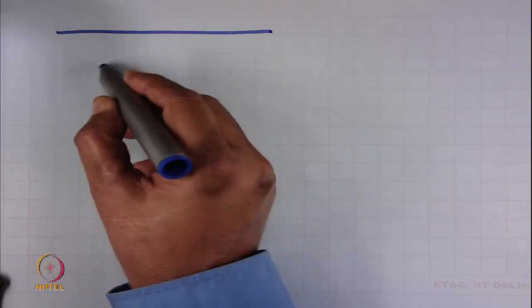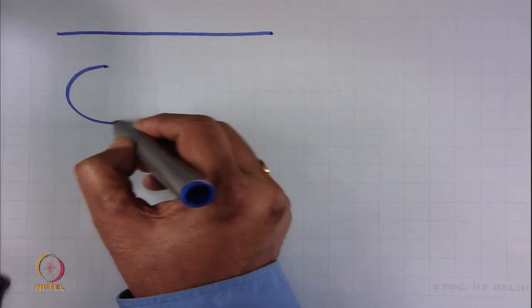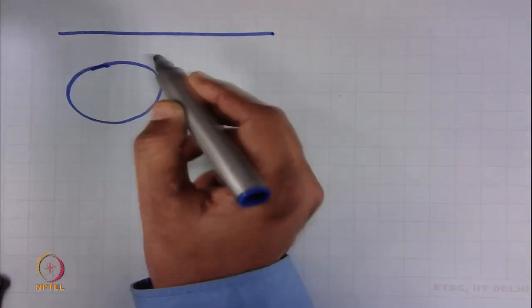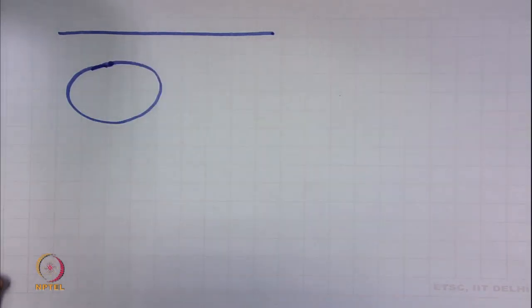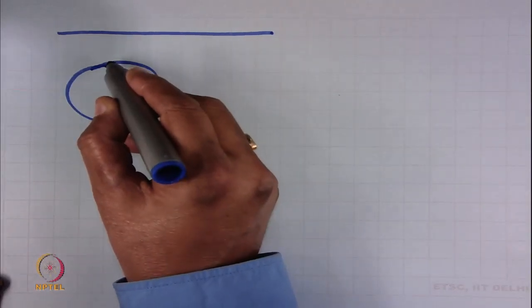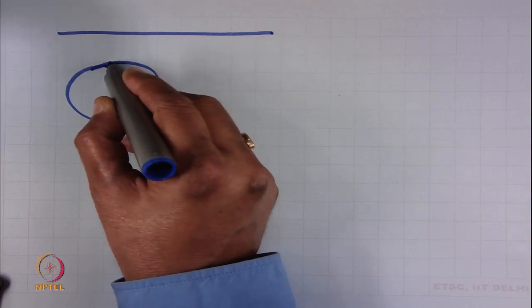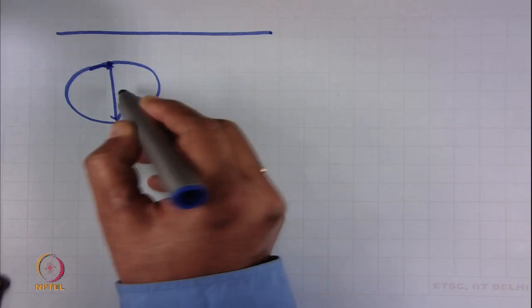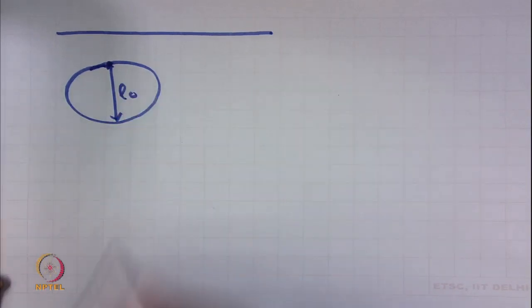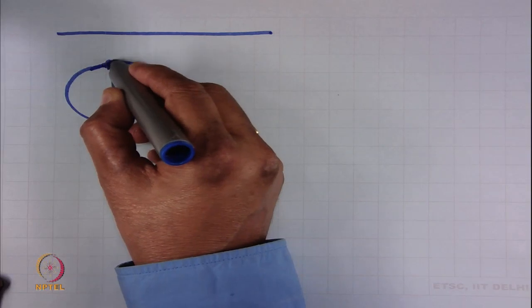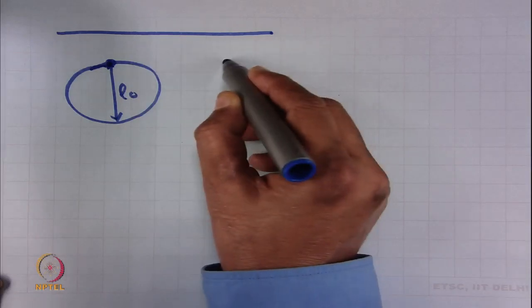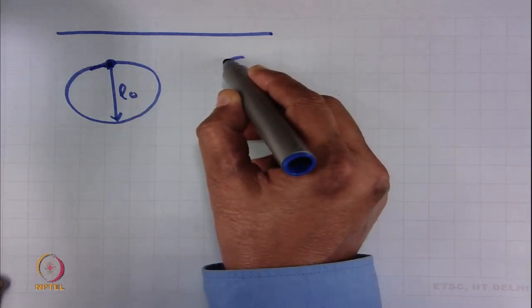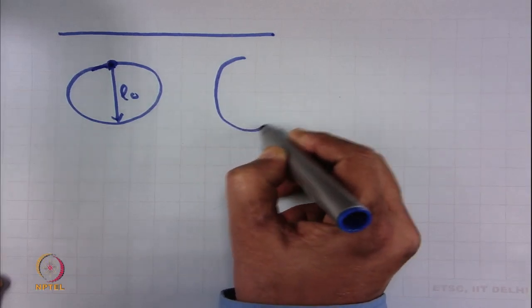One is, suppose we are making a loop form, this fabric has been formed in the form of a loop. This is the ring loop, where the undistorted length, this length, is L0, and this is the joining point, and when it is hanging on its own weight, this will be deformed a little bit.